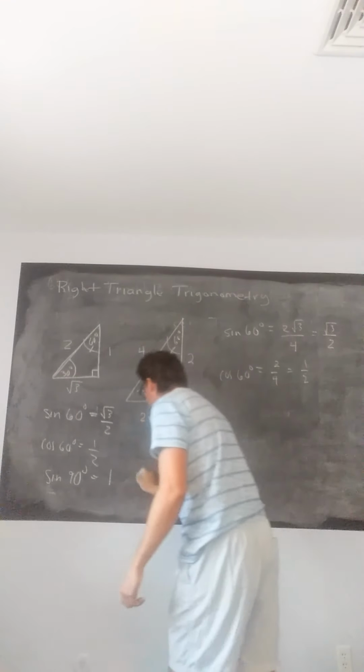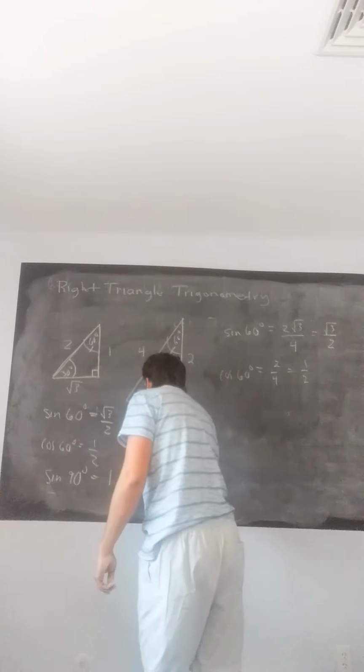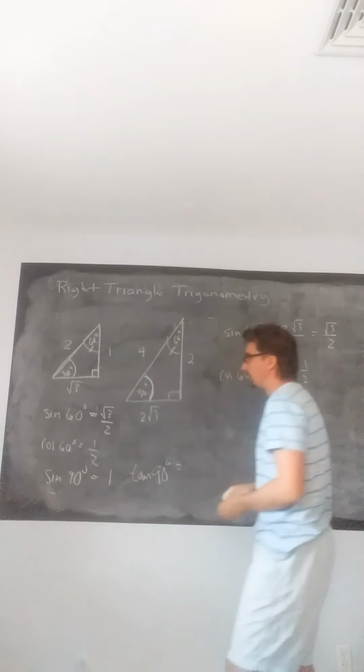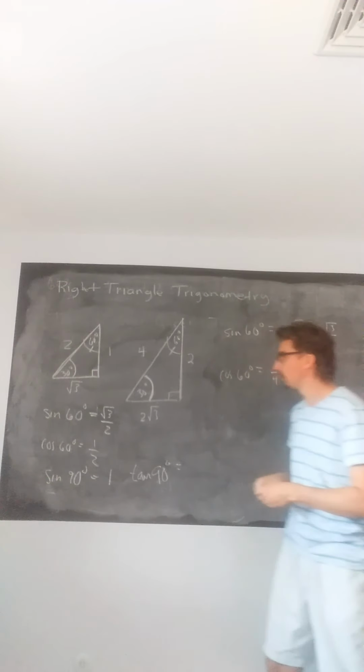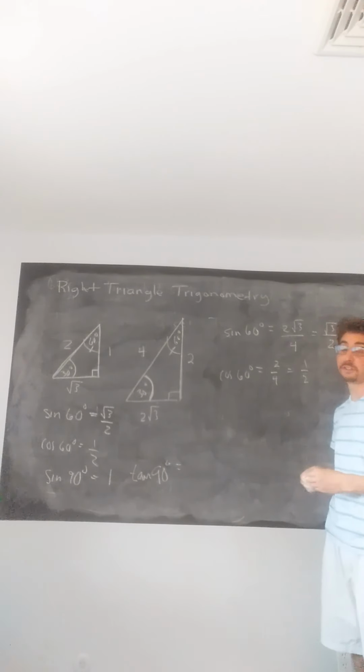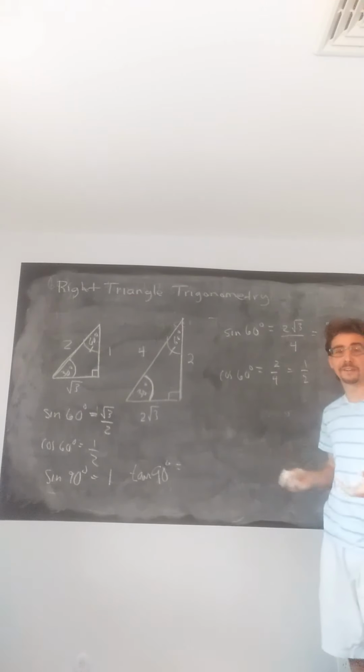An interesting question to ask is, what is the tangent of 90 degrees? What is that going to be? Well, that's something that you could certainly think about. We could think about this for cotangent. We could think about this for all of them. But these are some interesting angles. Tangent of 90 degrees or tangent of 0. How about sine of 0?